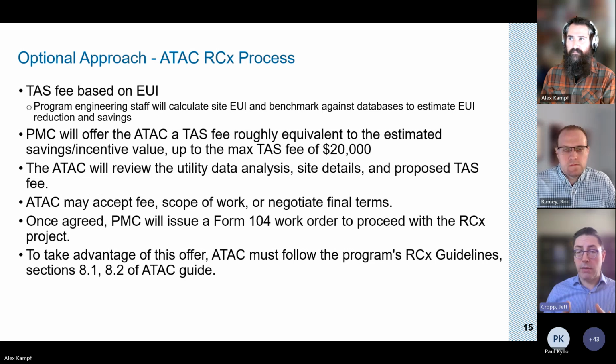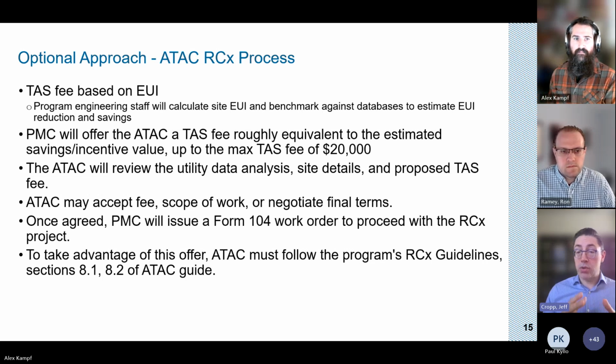So we'll look at a benchmark for the site EUI against a couple of standard benchmarks like the Commercial Building Stock Assessment, which is a regional study, or the Commercial Building Energy Consumption Survey, which is a federal study. And they have different EUI benchmarks for different types of buildings. So we will look at the actual site EUI to see how that compares against the benchmark, and then try to estimate how much EUI reduction we would see and the associated savings with that.